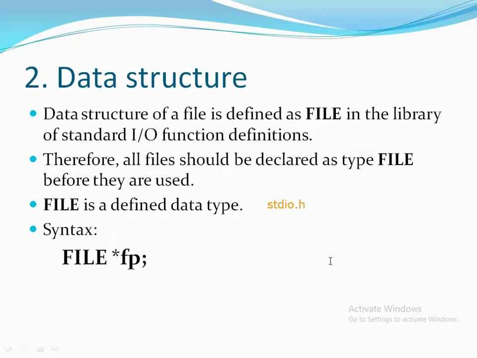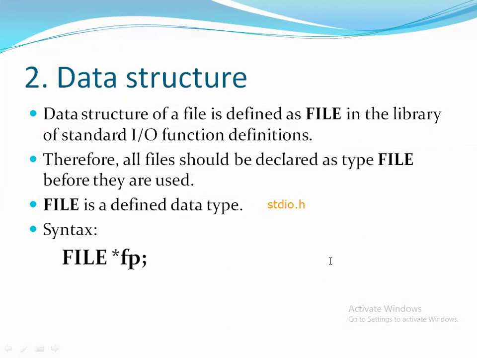So before going to that practical session, you have to revise some of the important points and the vocabulary of files. Okay, next, FILE is a defined data type, so that is called a data structure. Syntax: FILE *fp.